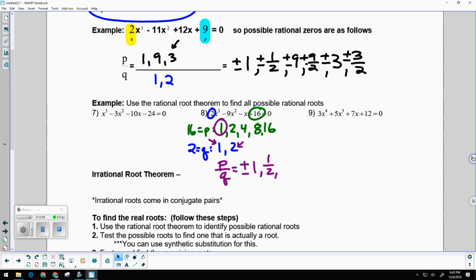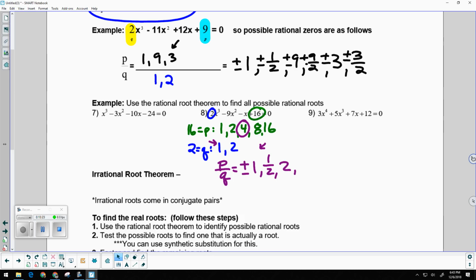Then I'm going to do the same thing with the 2. I'm going to have to divide that by everything you see in blue there. So 2 divided by 1 is 2. And then 2 divided by 2 is 1, but I already have 1 listed, so I don't need to list it again.